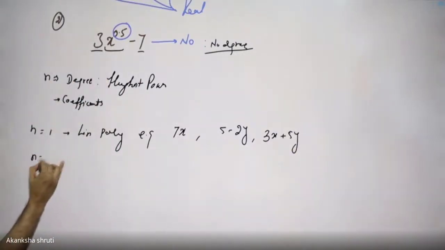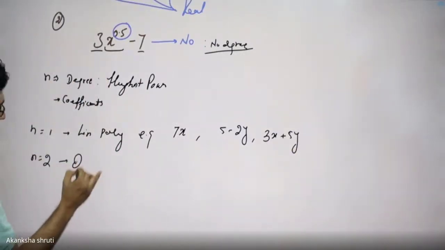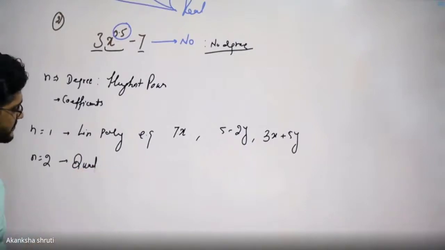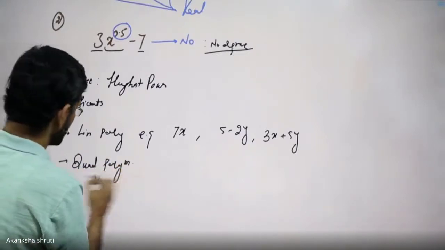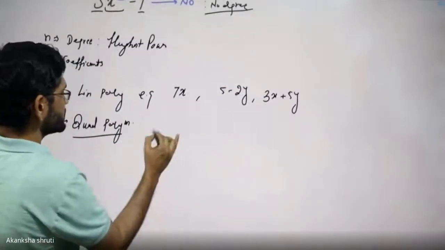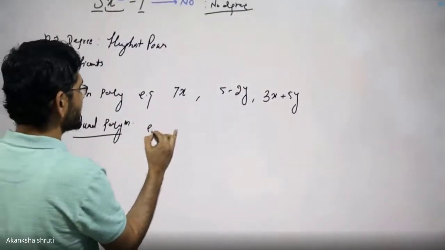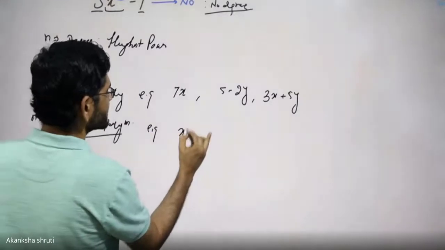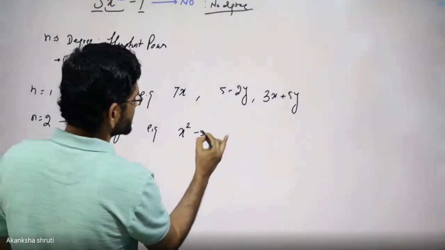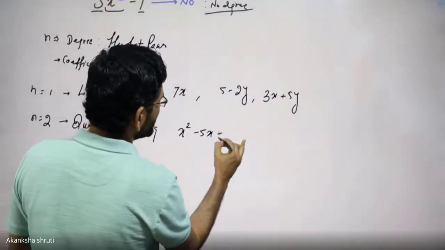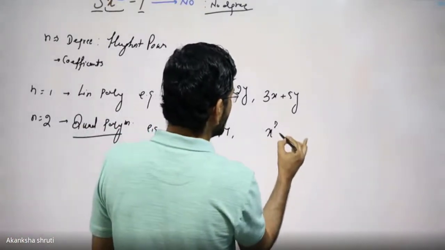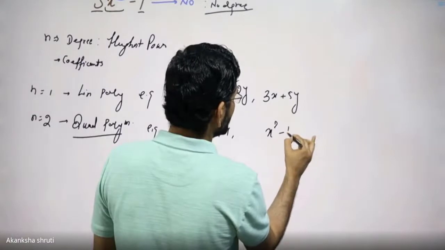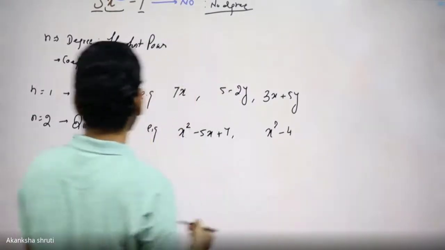If n is 2, it is called a quadratic polynomial. And this is important for us. Examples of a quadratic polynomial: x square minus 5x plus 7, or maybe just x square minus 4. These are quadratic.